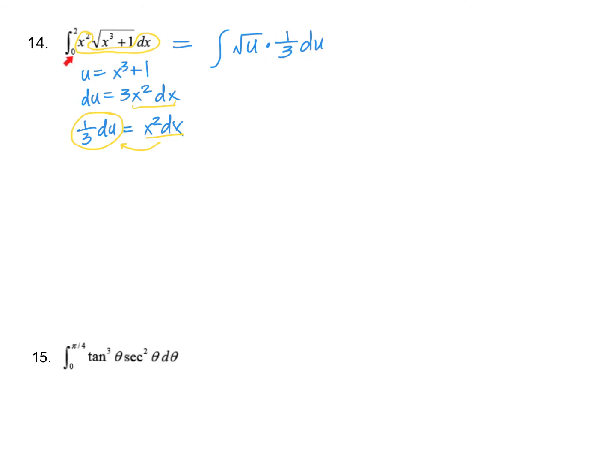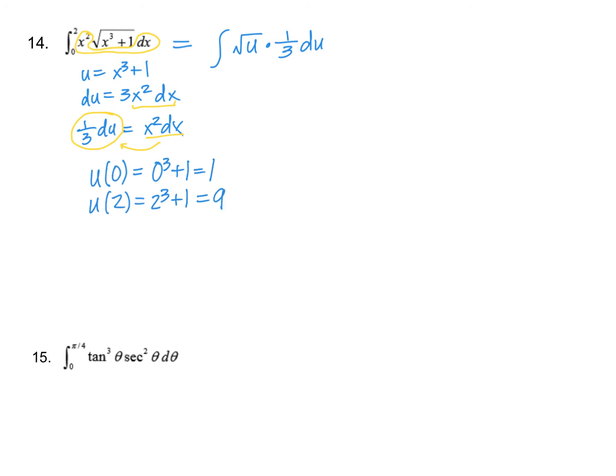So we have to find the corresponding u value to an x value of 0. So what you do is you just plug 0 in for x in your u substitution, and you plug 2 in for x in your u substitution, and you have 1 and 9.